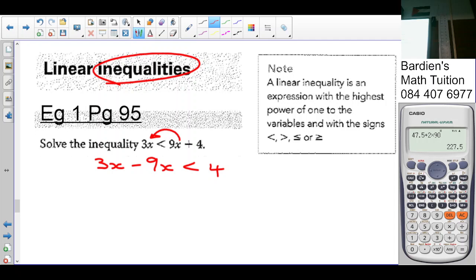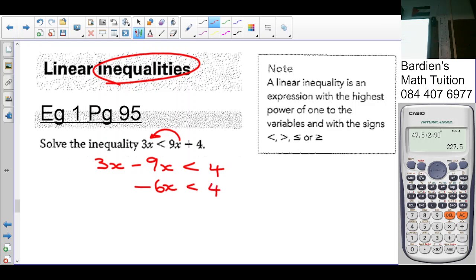Once we're solving this, it is as if it's an equal sign, but you'll see now there are different rules that apply. Okay, so we took that 9x over. So what is that now giving us? Negative 6x must be less than.